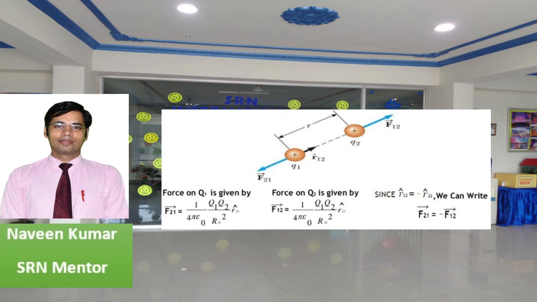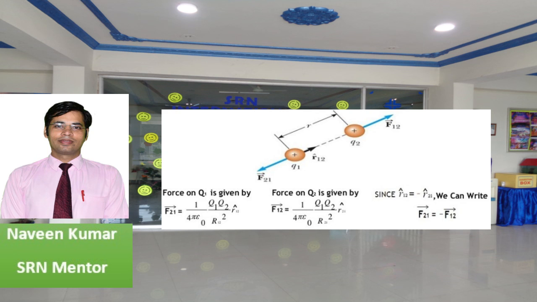Okay, so according to Coulomb's law, the force on Q2 due to Q1 is F21. This equals 1 upon 4 pi epsilon naught Q1 Q2 divided by the magnitude of r2 minus r1 cubed, multiplied with r2 minus r1. This r2 minus r1 is the distance between the charges Q1 and Q2.